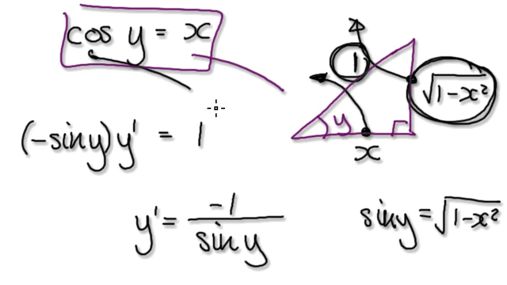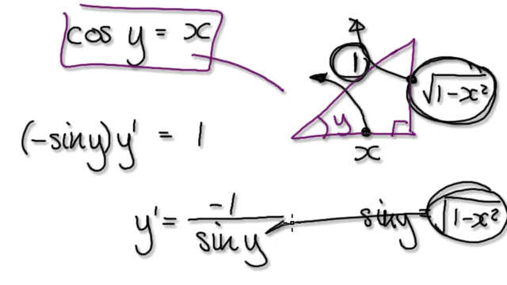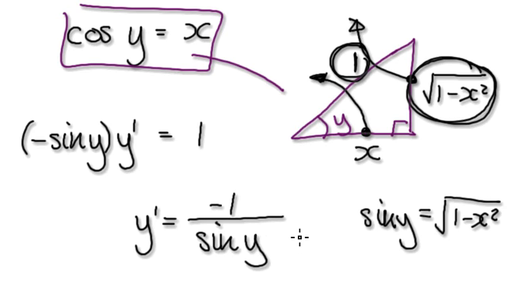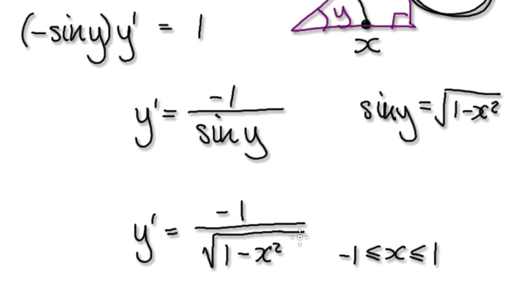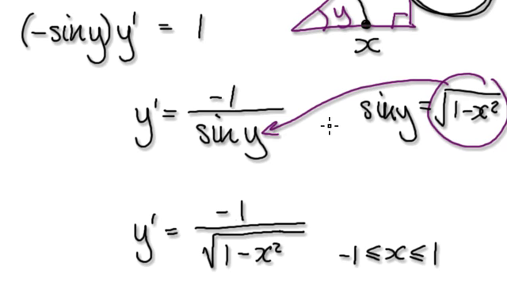You see, from here we translated it to sine of y. So now we can put this into here. That would then give us this. So basically, all that we've done is put this into here.